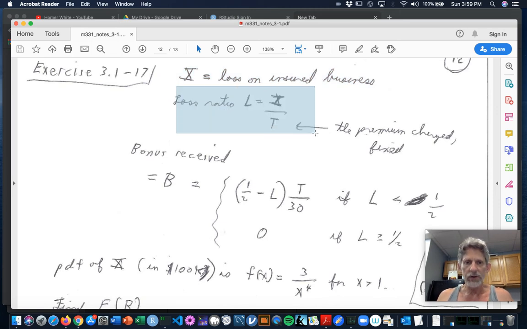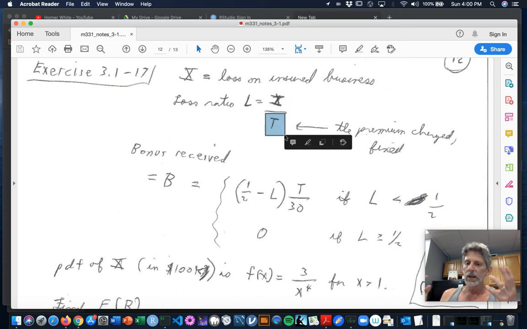Let's define the loss ratio to be the losses this year divided by this constant, not a random variable, constant number T, which is the premium that the company charged the business. So this is the fraction of the premium that the company has to return to the business because they've insured the business.